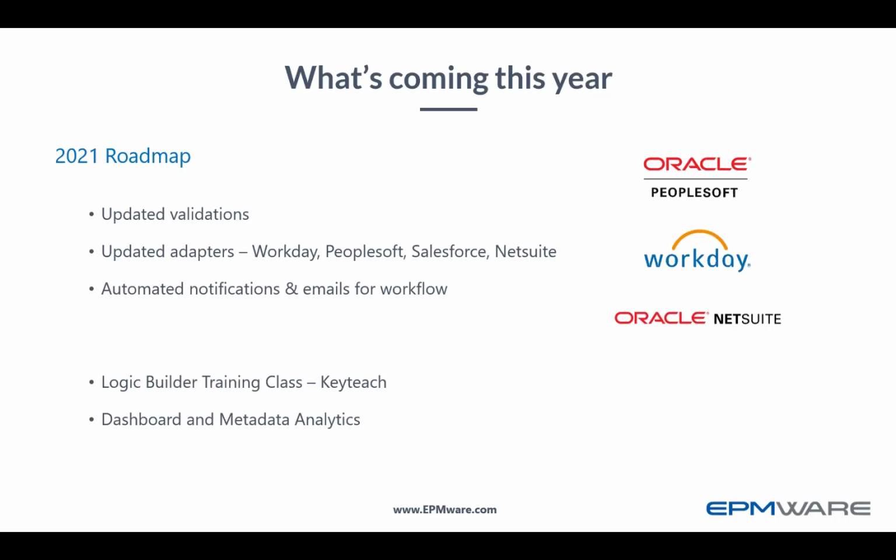Right. So what's coming this year? We put together a roadmap for the remainder of this year. Obviously, validations are a really huge part of our process. We're always trying to add as many validations as we can into all of our supported adapters to increase either technical or functional awareness before loading metadata.